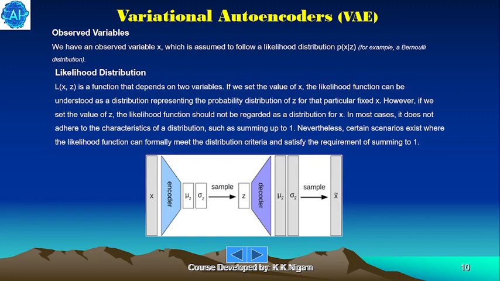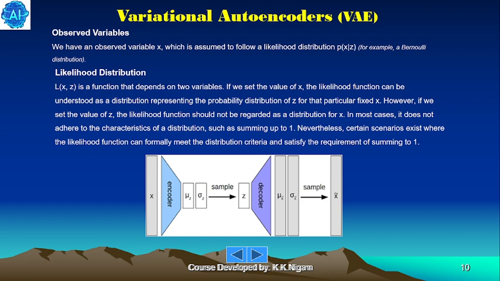Observed variables. We have an observed variable x which is assumed to follow a likelihood distribution P(x|z), for example, a Bernoulli distribution. The likelihood L is a function that depends on two variables, x and z. If we set the value of x, the likelihood function can be understood as a distribution representing the probability distribution of z for that particular x.